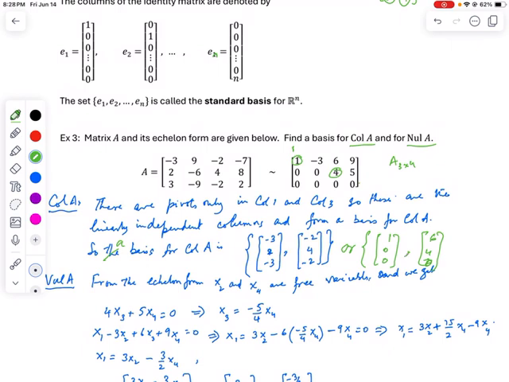And even from here, instead of 6 4 0, because we can factor out a 2, this could be replaced by 3 2 0.